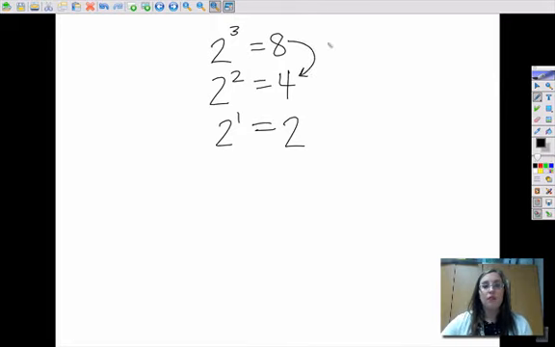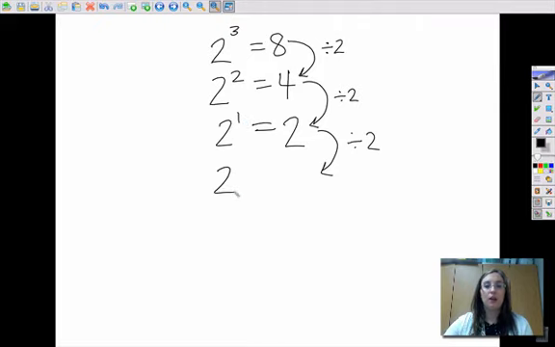To get from 8 to 4, I divide by 2. To get from 4 to 2, I divide by 2. So to get to the next level, I would divide by 2. And I look that I'm decreasing the exponent by 1 every time. So that means that 2 to the 0 will be 2 divided by 2, which is 1. So something to the 0 power is actually 1.